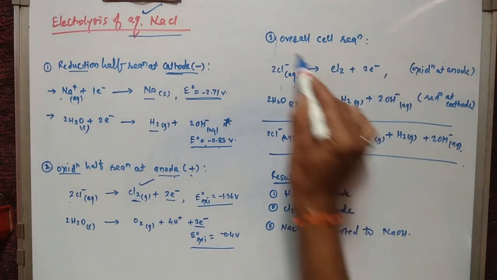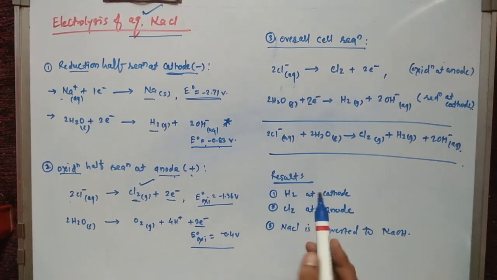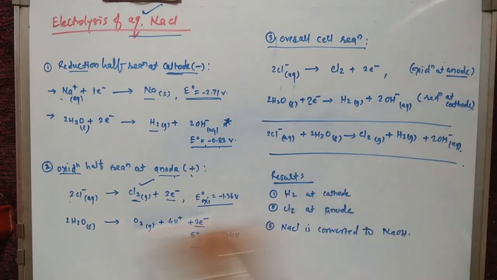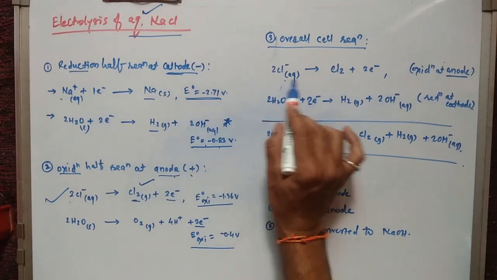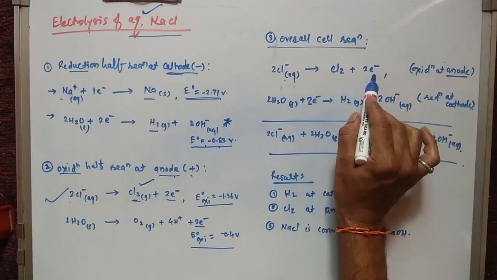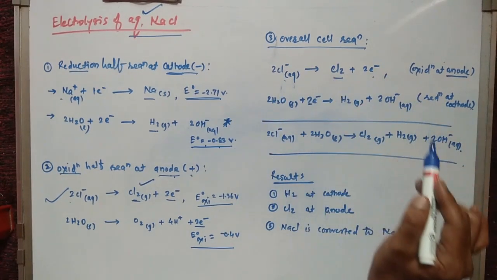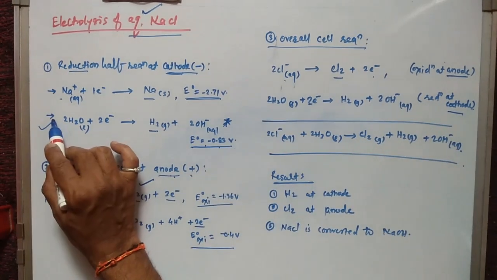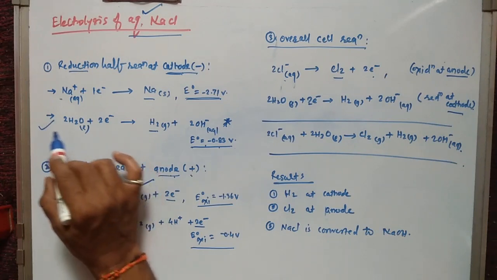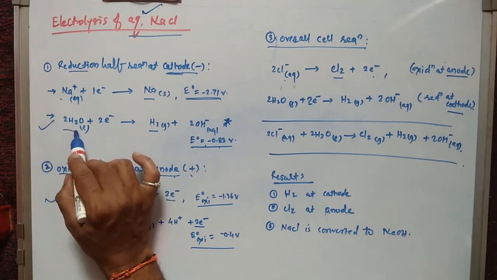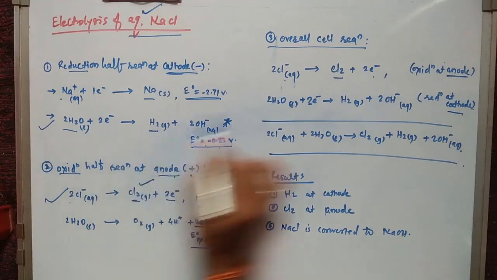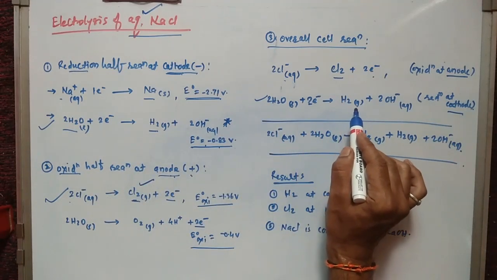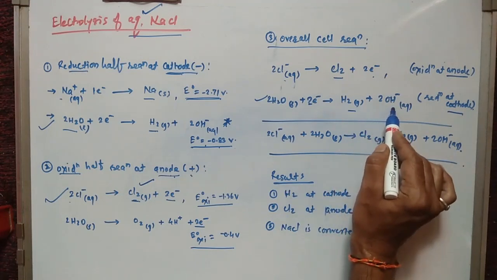Now let us see the overall reaction of the cell. This is the anodic reaction: 2Cl minus to give Cl2 plus 2 electrons, chlorine gas is formed. And at the cathode, since the tendency of reduction is higher in the case of water than Na plus, it is 2H2O plus 2 electrons to give hydrogen gas and 2OH minus.